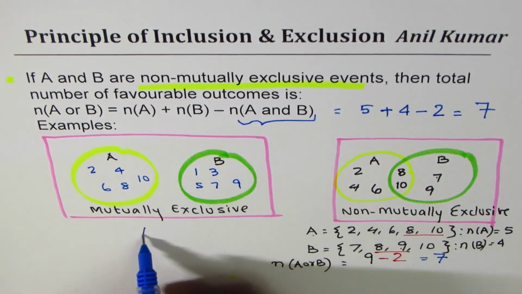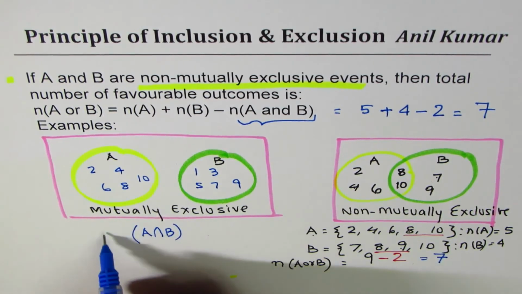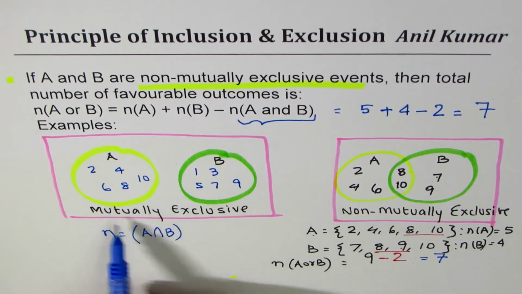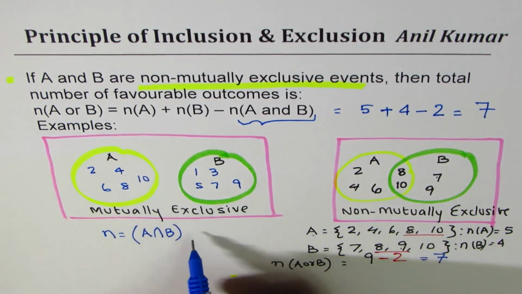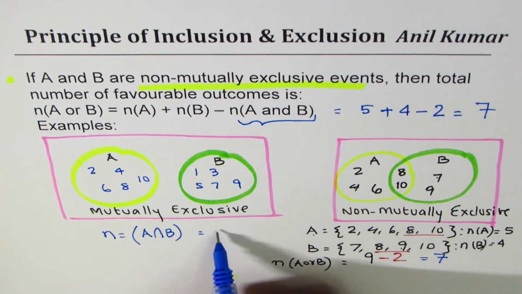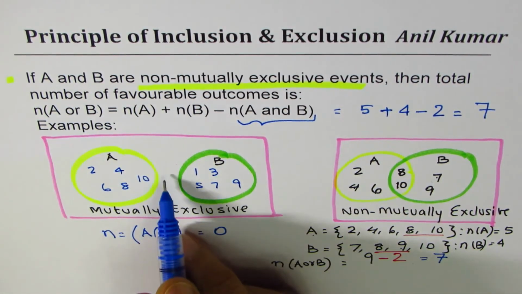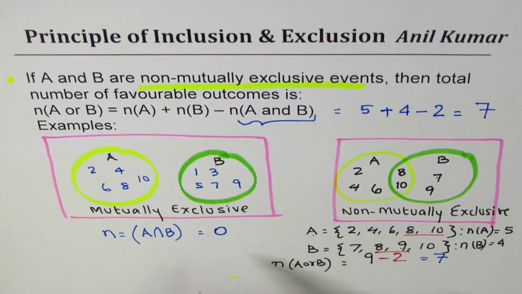Now, what is A intersection B? Can you tell me? Mutually exclusive means null, right? The number of elements is 0. It is a null set. There's no element common here.